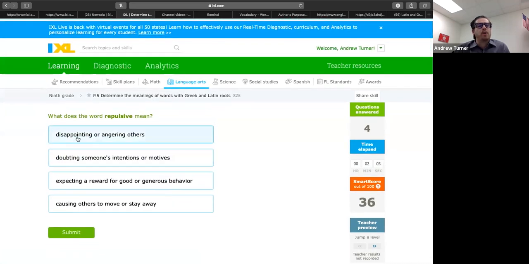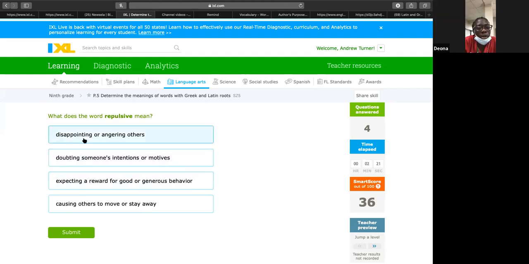Next one. Repulsive. Disappointing and angering others, doubting someone's intentions or motives, expecting a reward for good or generous behavior, or causing others to move or stay away. The first one, disappointing or angering?